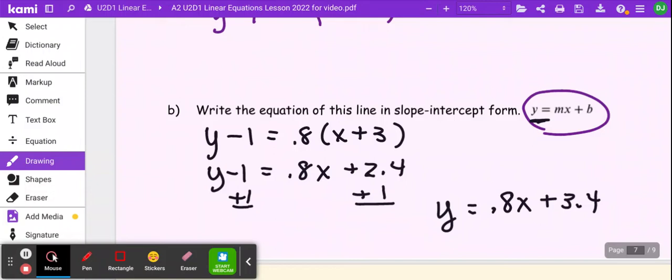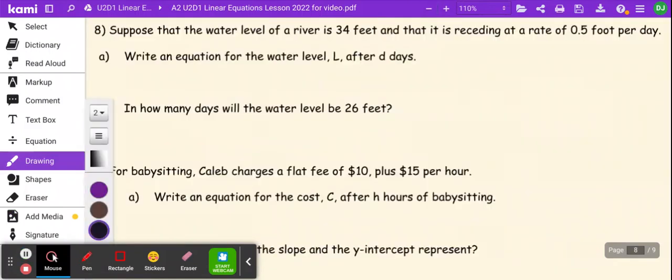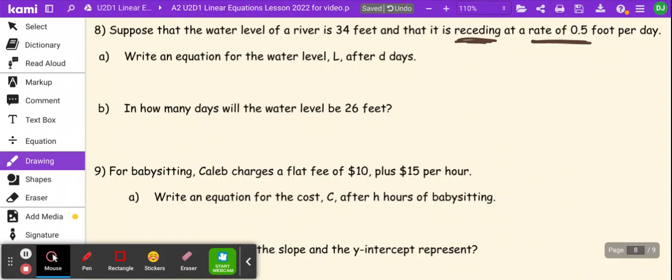All right, last page, we're just going to really look at a couple of word problem examples with slope and average rate of change. Okay, so let us take a look here. Suppose that the water level of a river is 34 feet and that it is receding. Now, receding is a very important word, and we've got a rate.